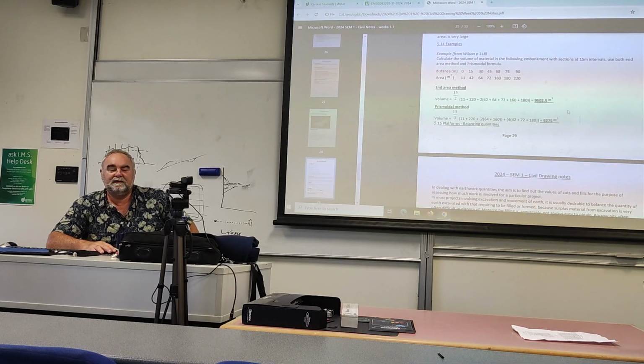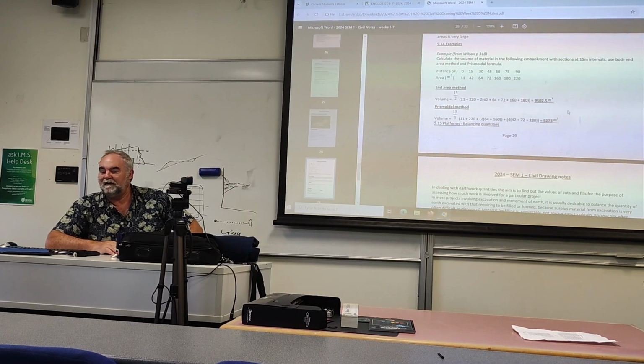Now, for those that don't have any conception of what that is, 6 cubic metres is your average truckload. So there's quite a few truckloads difference because of the two methods that they chose to do their volumes.